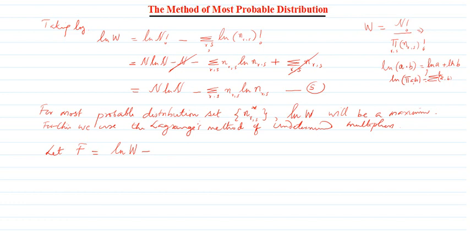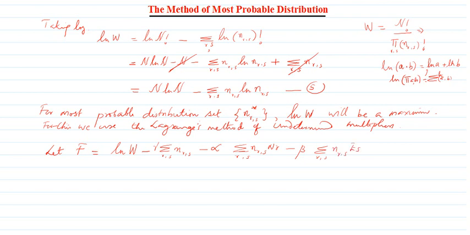So I am beginning with gamma. Gamma times sum over rs n_rs, minus alpha times sum over rs n_rs n_r, minus beta times sum over rs n_rs E_s.